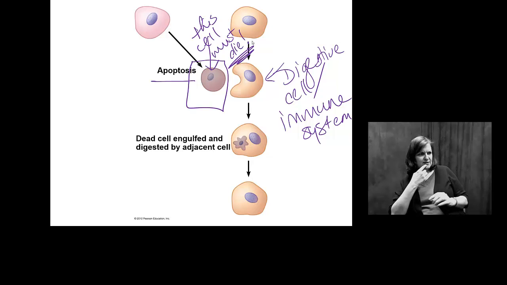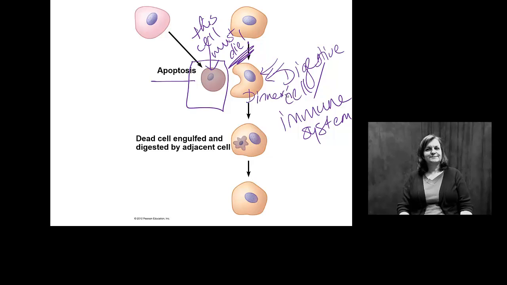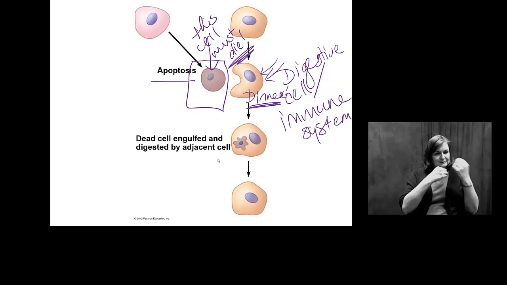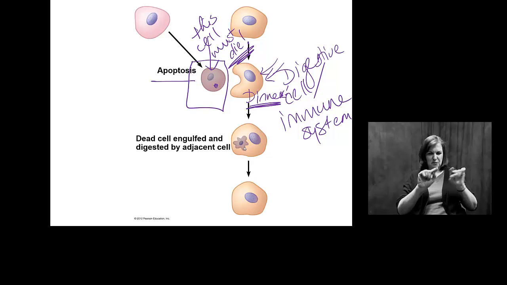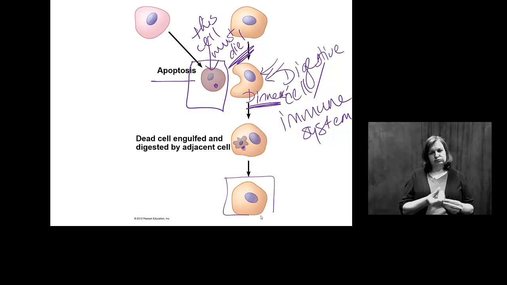And when it does, this cell goes, dinner, and will engulf or surround and eat that dead cell. So this cell is now this cell. Okay? And you see eventually we just totally engulf and digest that cell so that it's totally gone.